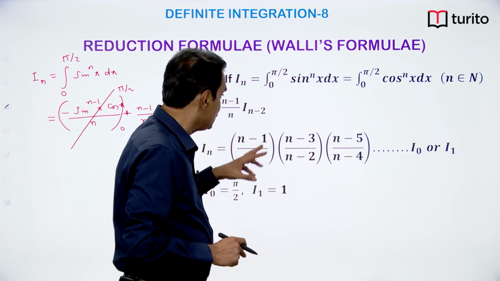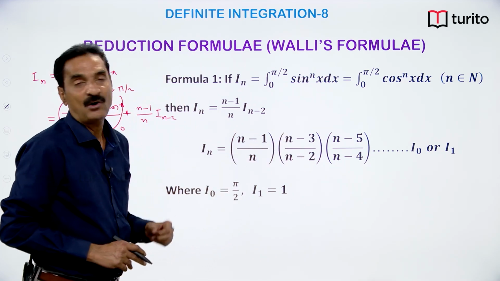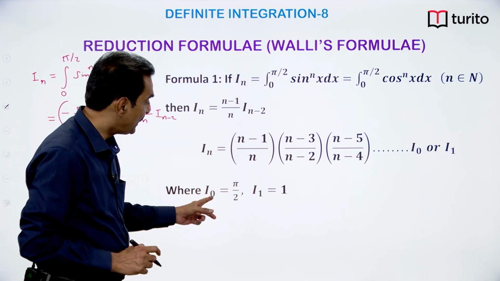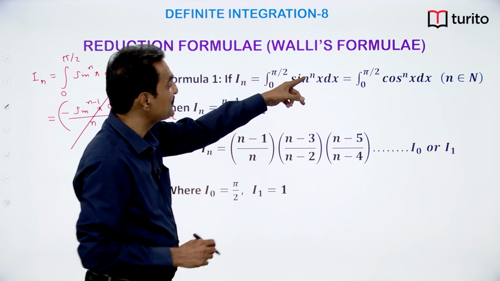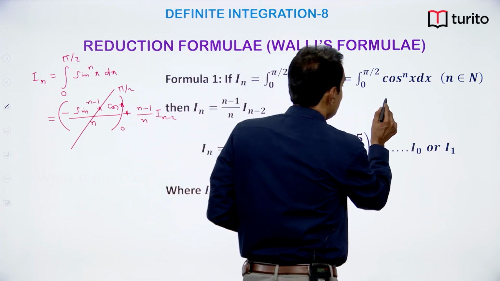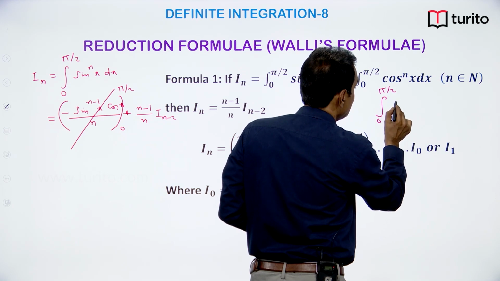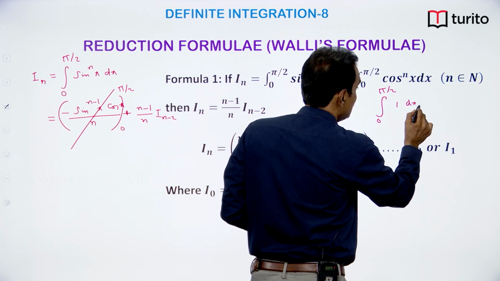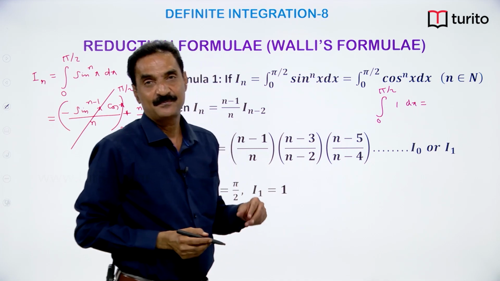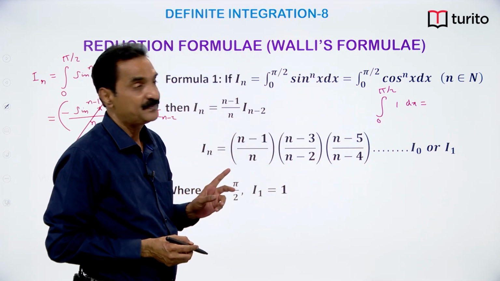Okay. Then finally, if you get I0 or I1, what is I0? I0 is integral 0 to pi by 2 sine power 0x. What is integral 0 to pi by 2 sine power 0x? Sine power 0x is 1, then it is integral 1 dx. Substituting the limits, you will get I0 is equal to pi by 2.